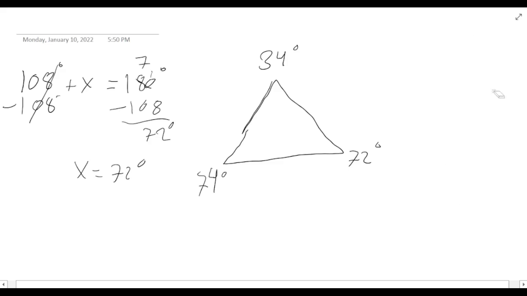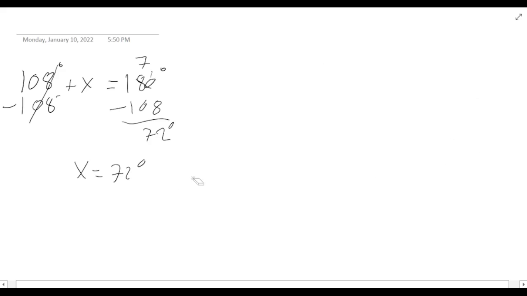Let's try some funky angles. Let's try some funky numbers. So let's say that we have a triangle with an angle that's bigger than 90. So let's say we have something like this, right? So let's say this angle is 101 degrees, and let's say this angle is 25, right?